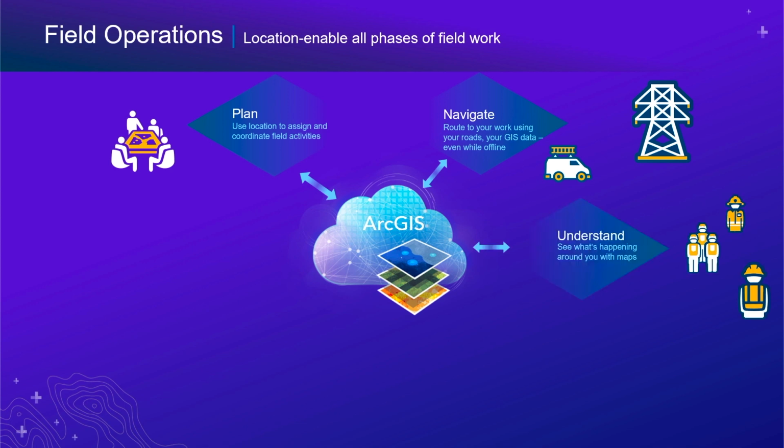The next piece there is the understanding piece. So once you get out into the field, you're at your work site, being able to know who and what's around you is key. So we build apps that help you understand with dynamic maps the people that are around you, the real-time status of assets that are around you. If there's a well pumping, for example, what's the current output levels of that well, or which of my colleagues are nearby.